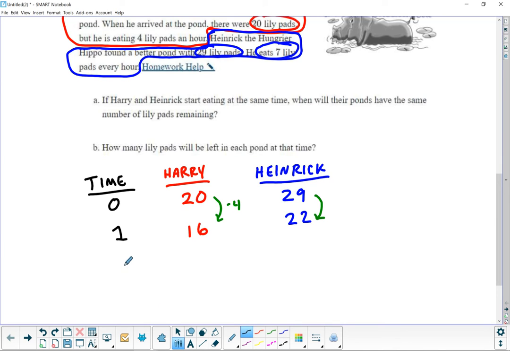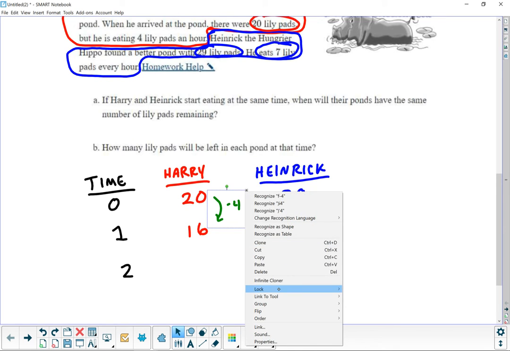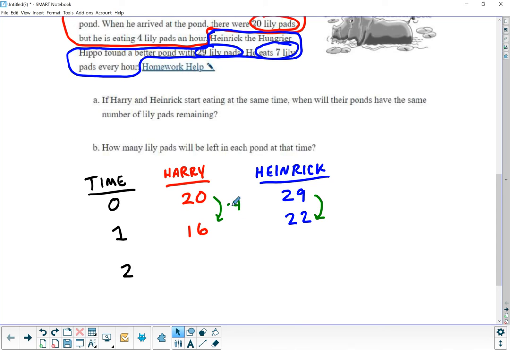Okay, and we're going to keep following that format. So 1 hour. Okay, 2 hour mark. We're going to do the same thing again. Let me clone it. So we're going to do another minus 4. Heinrich is minus 7, actually.